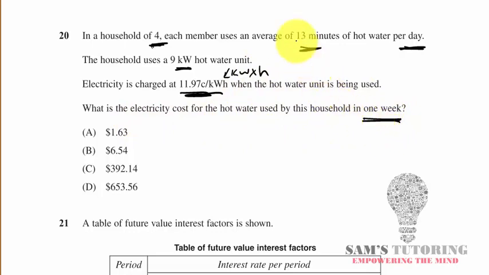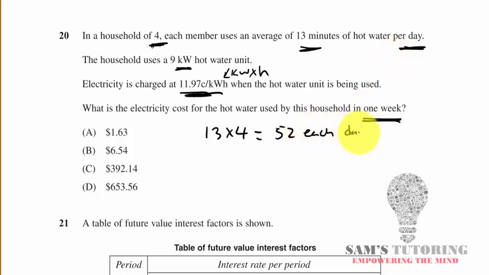Okay, so 13 minutes of hot water per day times 4. 13 times 4 gets you 52 minutes each day.